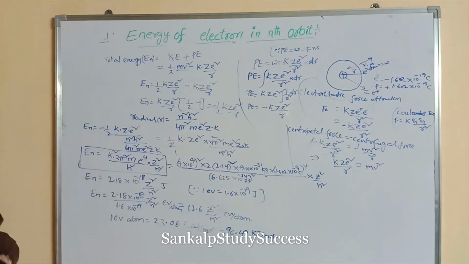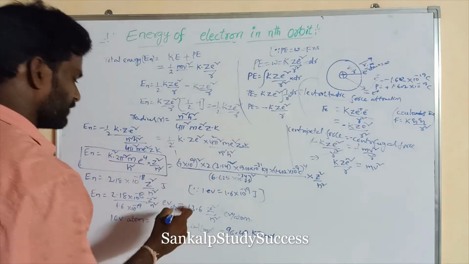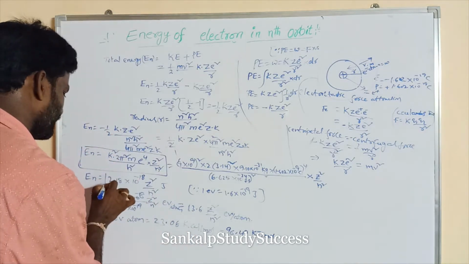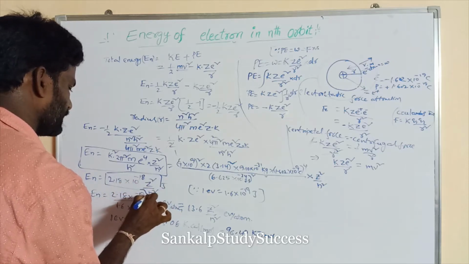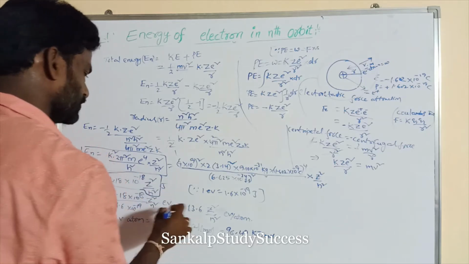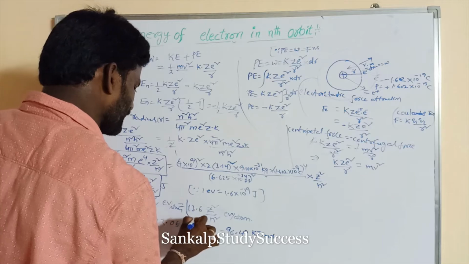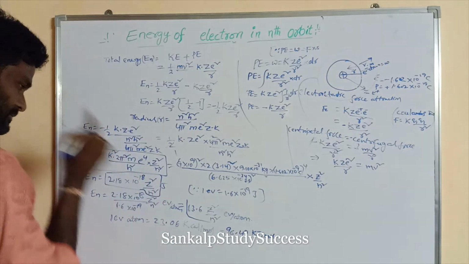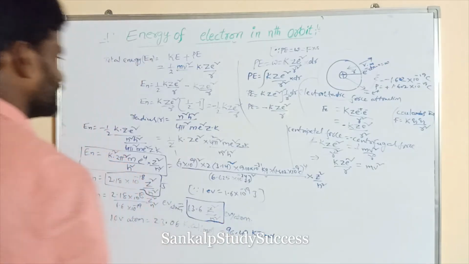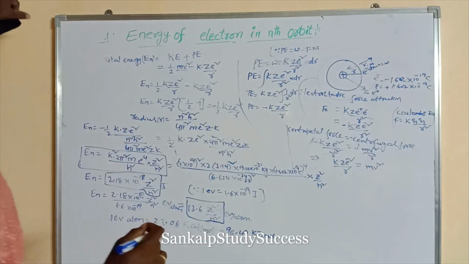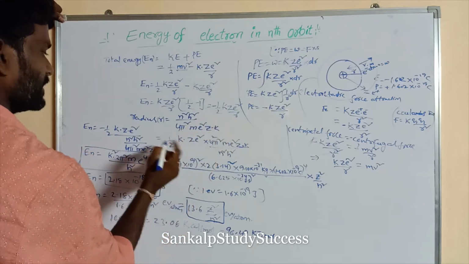So this is one formula, present in joules, and another formula is 13.6 z square by n square.